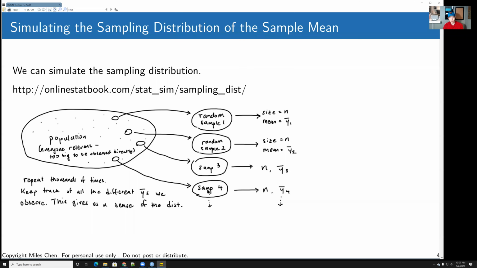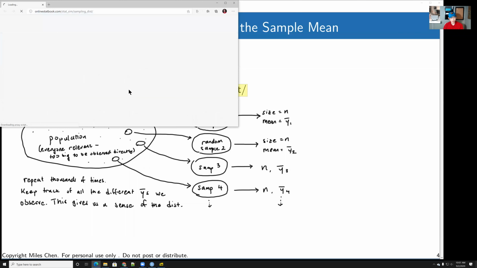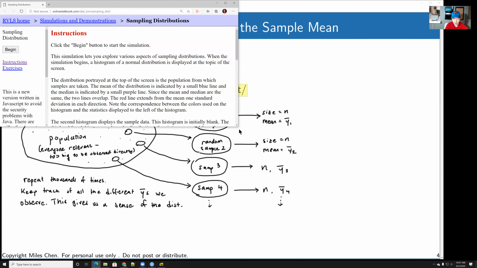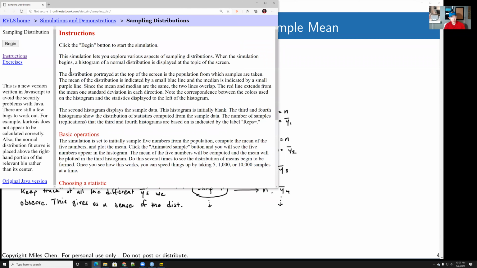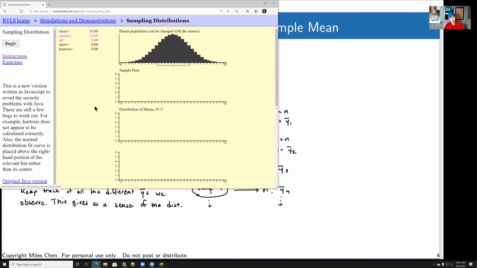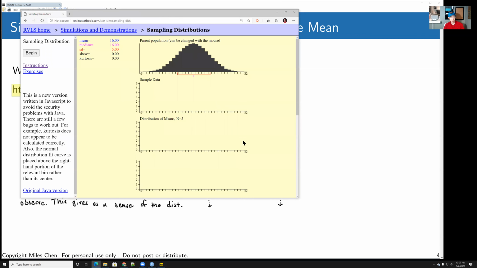We continue doing this, selecting different random samples, and with every single random sample we calculate all of the different y bars that we observe. There's a little website that I can click, and this will run a little applet, or a little demonstration, that shows how this could work.